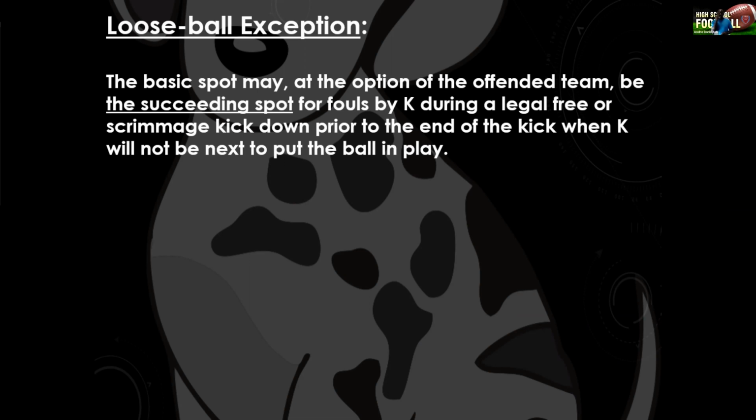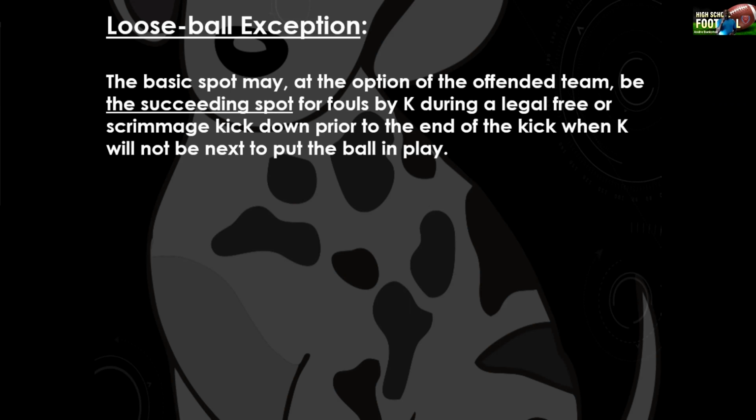So in other words, let's say illegal formation by K, and the ball is kicked and recovered by R, and then R runs the ball and gets tackled. Okay, and that's the end of the run. That's the basic spot in the run. This is R and the succeeding spot, because that's where the ball is being put into play. So it becomes two spots, right? The basic spot and the succeeding spot.